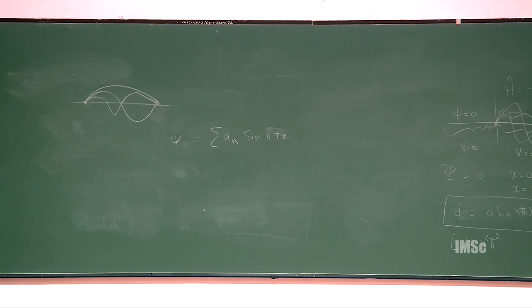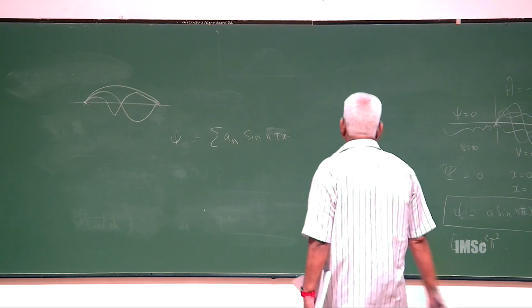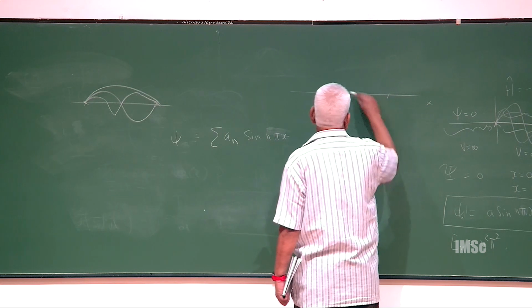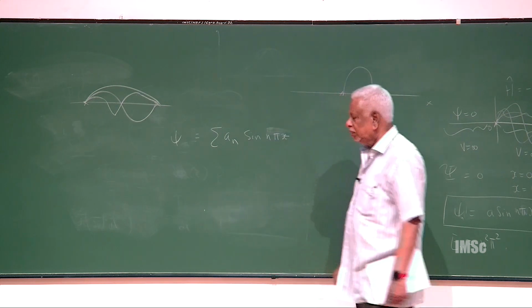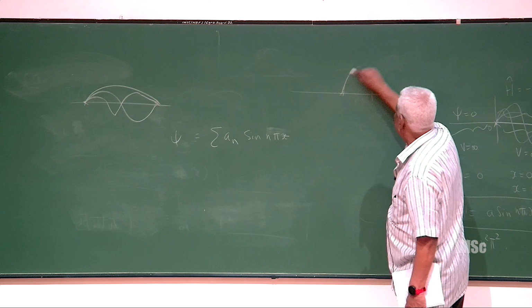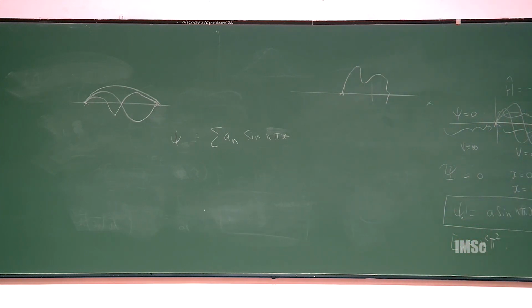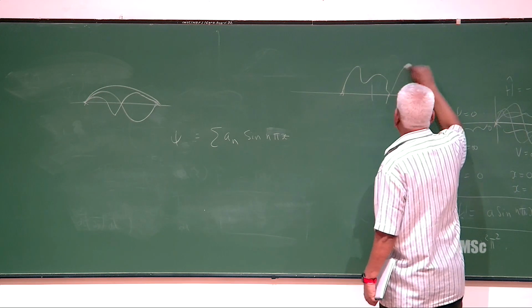I'm doing an arbitrary function. This is my x-axis, between 0 and 1, there is some function here. Let me write some function like that. And it is periodic. I repeat it again and again, which means I take the same function, do the same camel diagram.